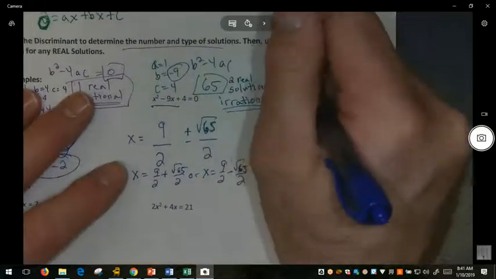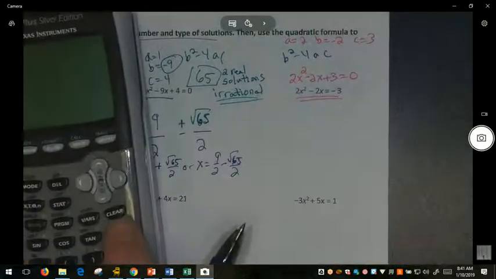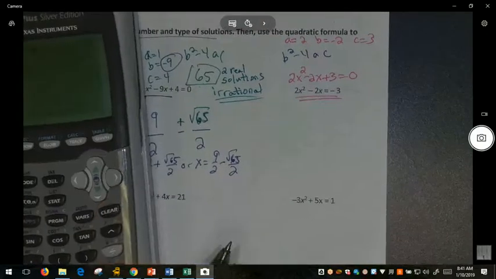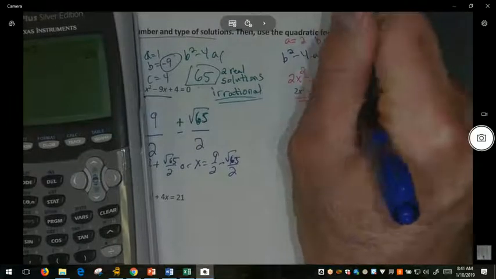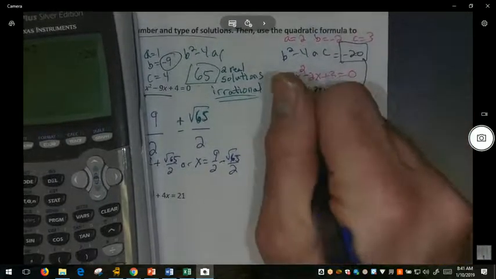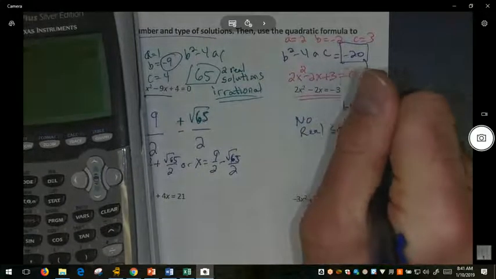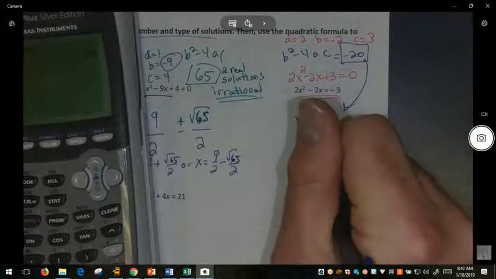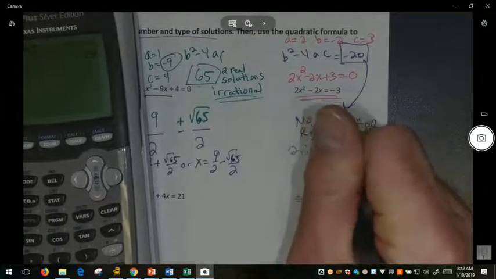So b squared minus 4ac, negative 2 squared is 4, minus 4 times 2 times 3 is negative 20. Well, there's our discriminant. Since it's negative, there are no real solutions. There's actually two imaginary solutions.